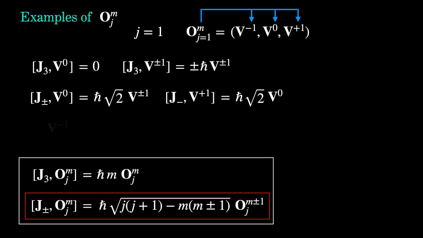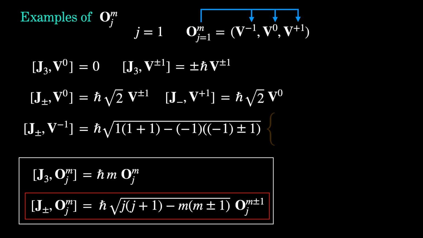Now raising and lowering the minus 1 component. This is the lowest weight, so lowering gives 0. And raising gives V_0 once again.